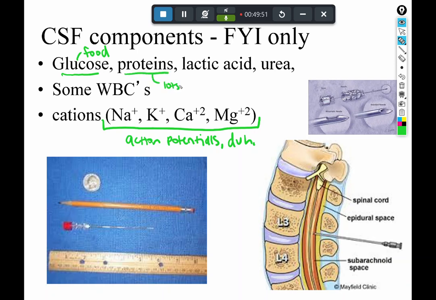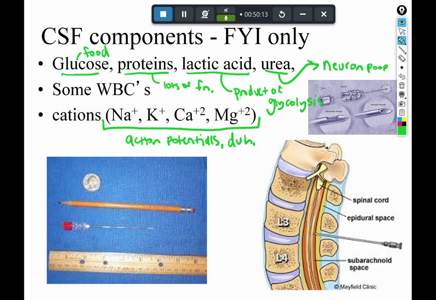Lactic acid, which is a product of glycolysis, and urea, which is a nitrogenous waste resulting from the breakdown of proteins, which is essentially equivalent to neuron poop or pee. It's the result of a neuron being metabolically active and producing a waste product as a result of that.